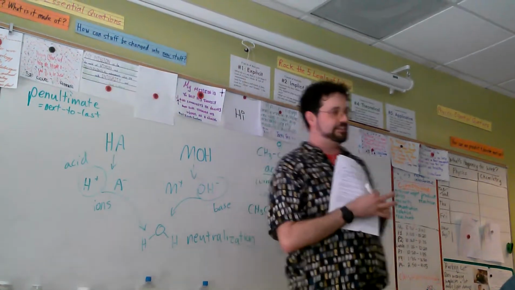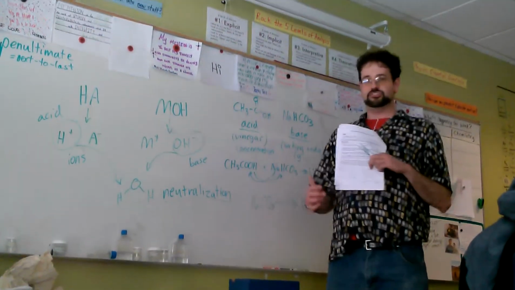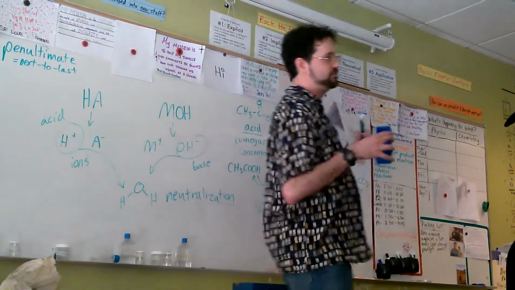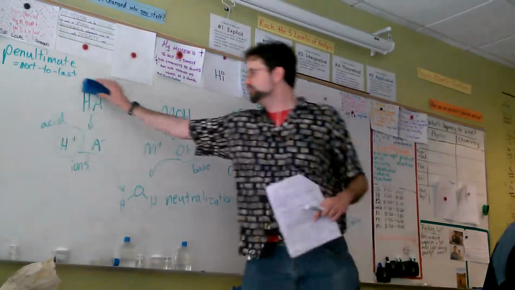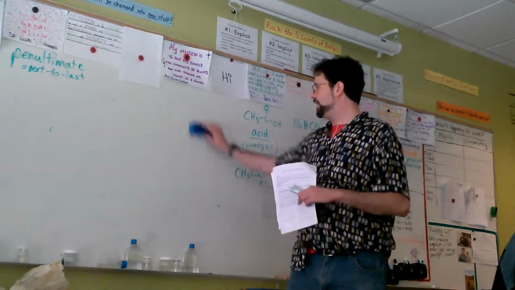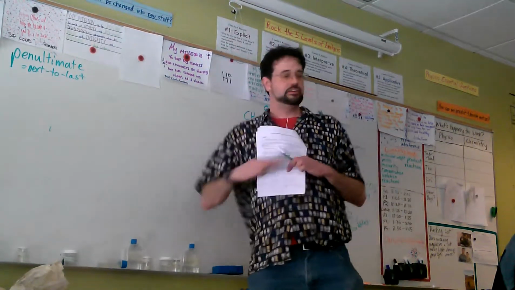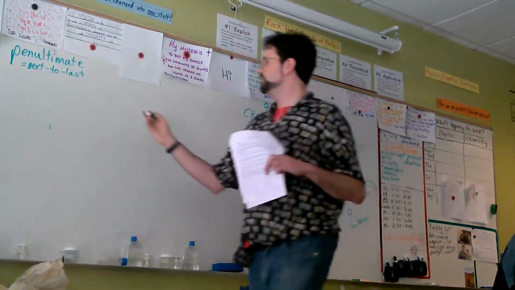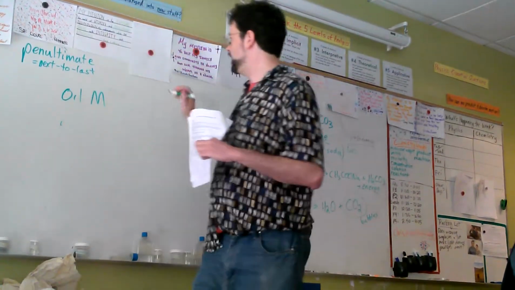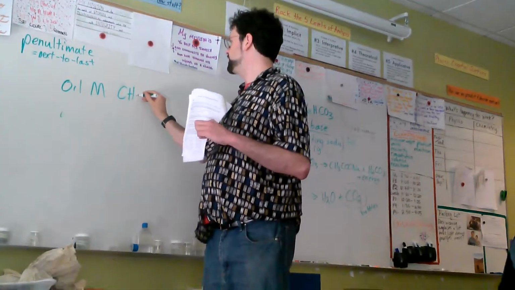Okay, molarity is like a concentration. Concentration is like a rate of how much stuff you have for how much liquid you have. So let's say I have a 0.1 molar solution of vinegar.